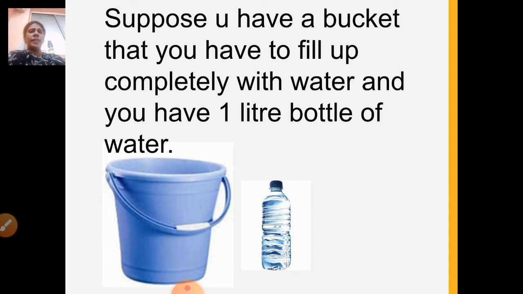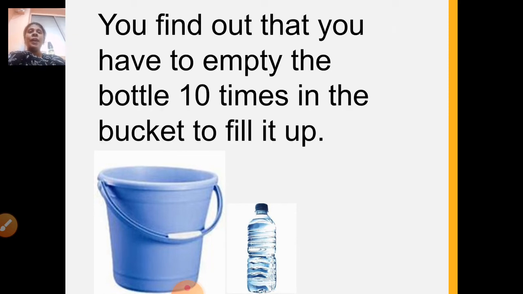Now suppose, children, you have a bucket. You can see a bucket on your screen. And you can see a bottle also, that is a 1 liter bottle of water. Now suppose you have to fill that bucket completely with water, and you have a 1 liter bottle. If we put this 1 liter bottle in this bucket, will the bucket be full? No. So you find out that you have to empty the bottle 10 times in the bucket to fill it up.